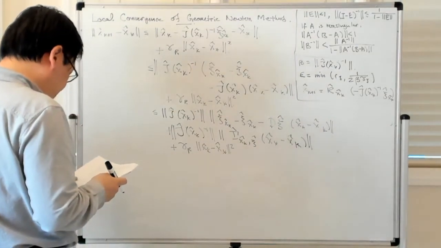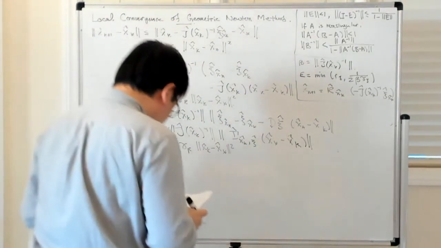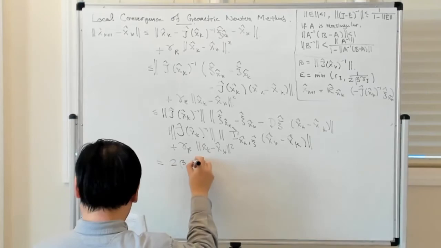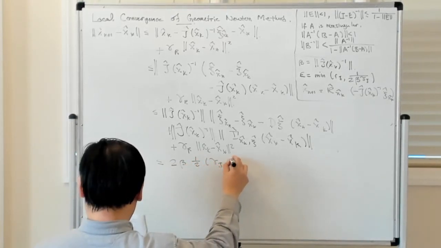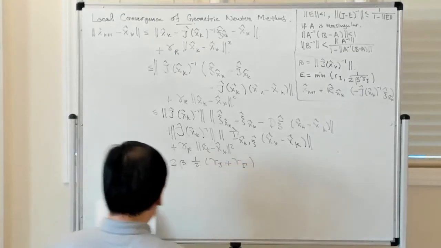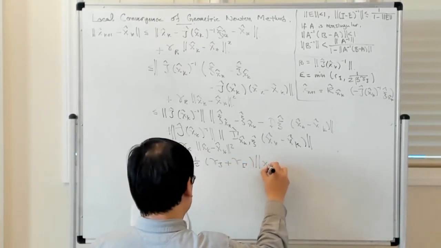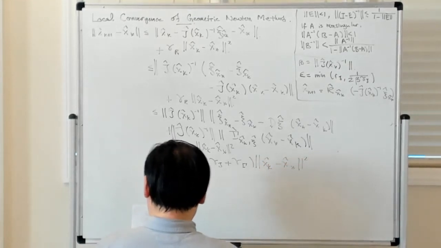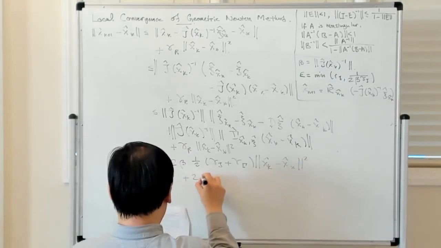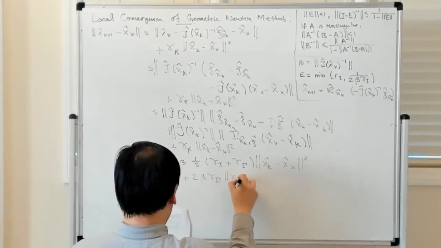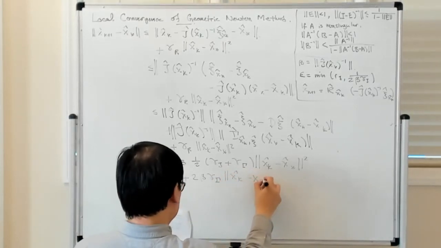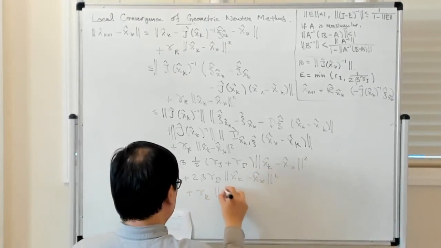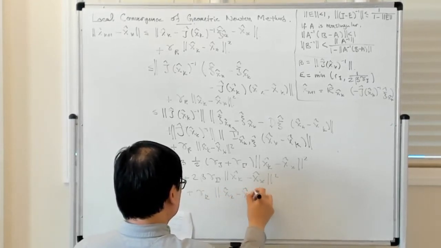Okay, so we're about ready now to use all the estimates we've established. This is going to be less than or equal to 2 beta times (1/2 gamma_J plus gamma) multiplied into the norm of x_k hat minus x star hat squared, plus 2 beta gamma times x_k hat minus x star hat squared, plus gamma_R times x_k hat minus x star hat squared.